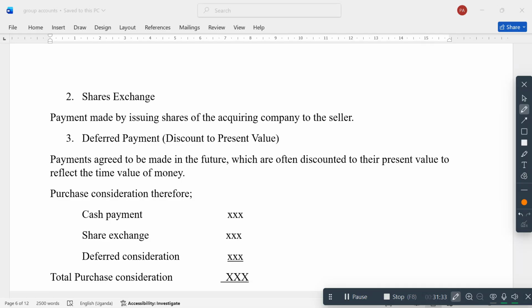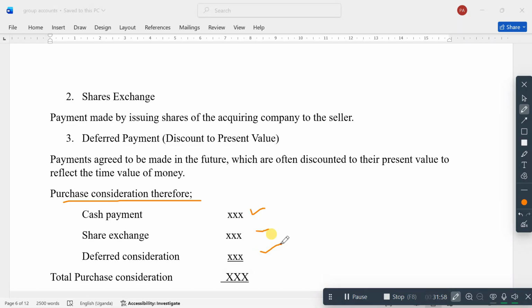The important thing you need to know is this: since it's not only cash, but share exchange or deferred consideration or any other, in case you find a question with 3 or 4 forms, say paid cash of 10,000, also made share exchange, also deferred consideration, you need to add all of them together.